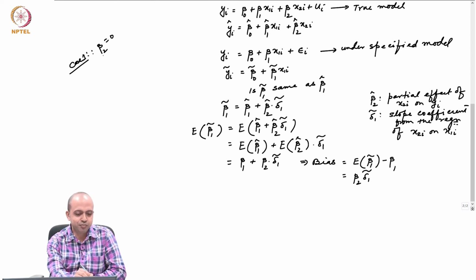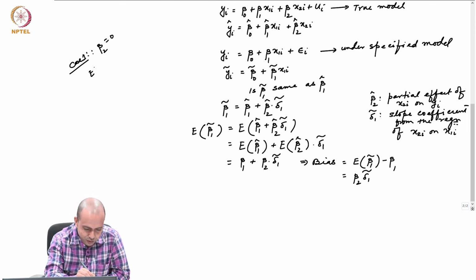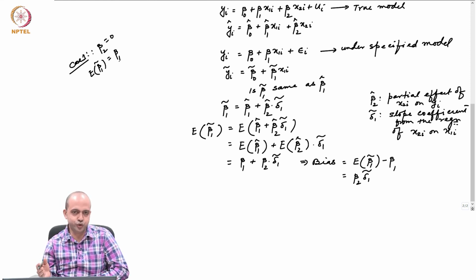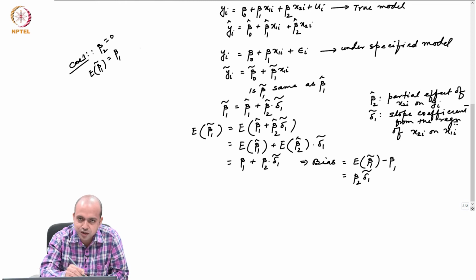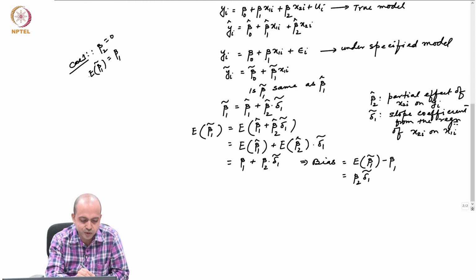If that is the case, then beta 2 equals 0, and obviously expectation of beta 1 tilde equals beta 1. So beta 1 tilde becomes an unbiased estimate of beta 1, which is quite natural. If some variable does not qualify to be included in the model, why should I include it? Obviously, if you exclude that variable, it does not matter. So that is the first case: when x2i does not qualify to be included in the model, your expectation of beta 1 tilde equals beta 1.